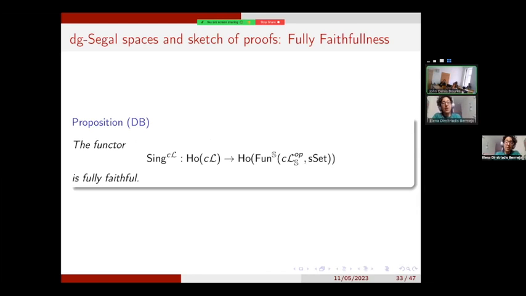And the other thing that we had said is that if we restrict ourselves to free DG categories, then the functor Sing is fully faithful.